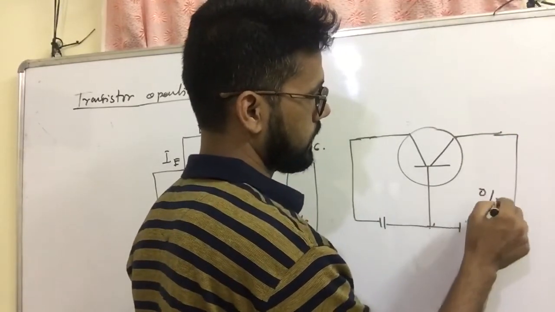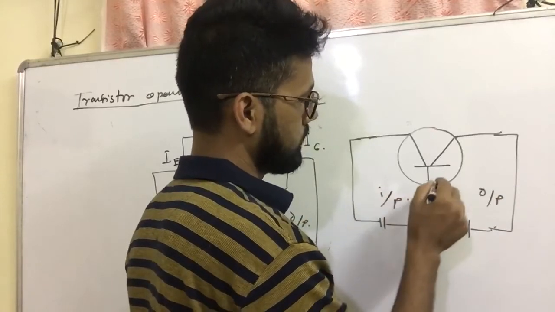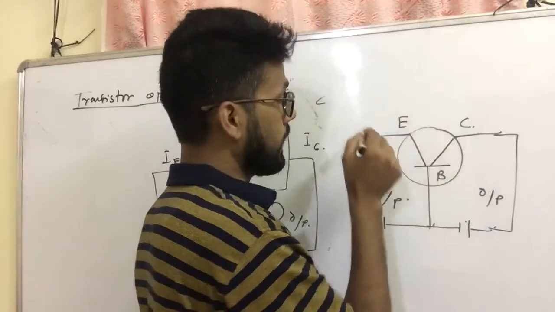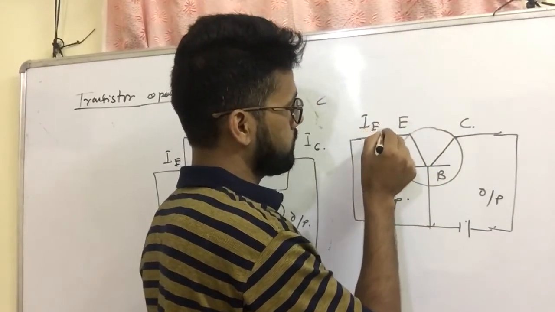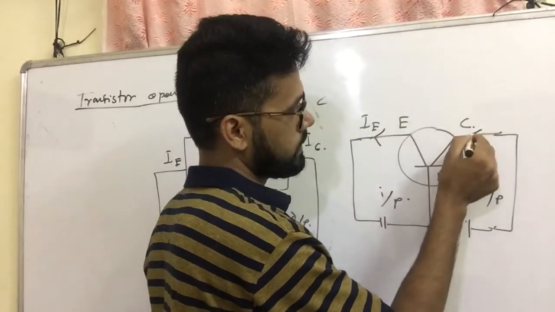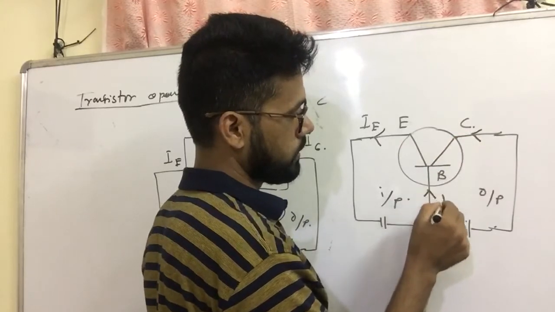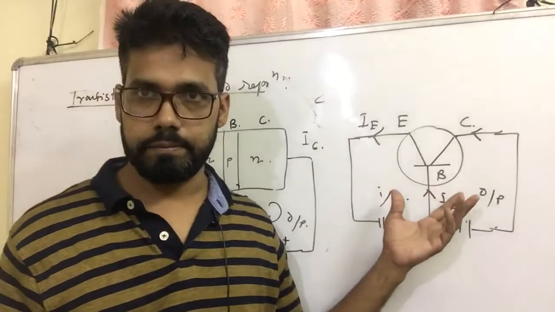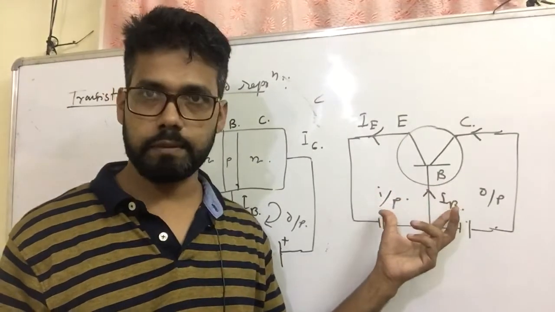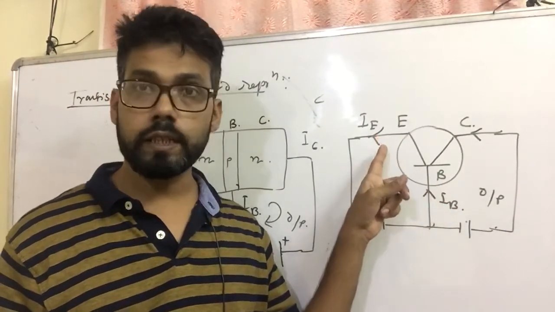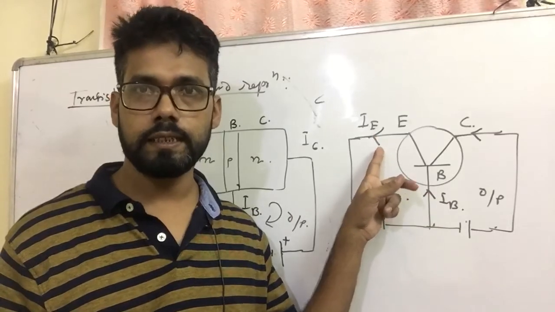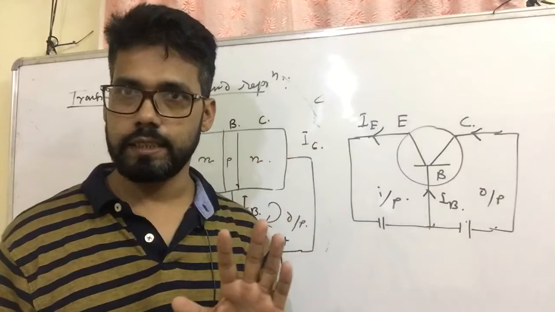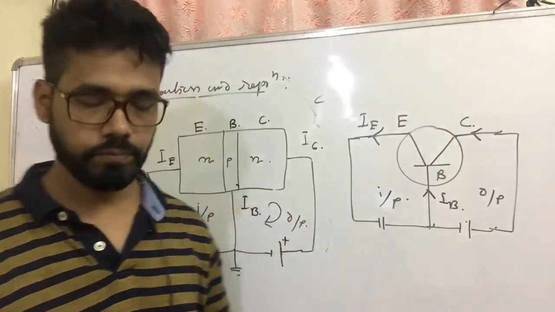This is the output circuit, this is the input circuit, this is the base, this is the collector, this is the emitter. This is IE moving outward, and the others moving inward. If I give this diagram without telling anything, you can see the direction of emitter current is outward. That means it is an NPN transistor. Clear?